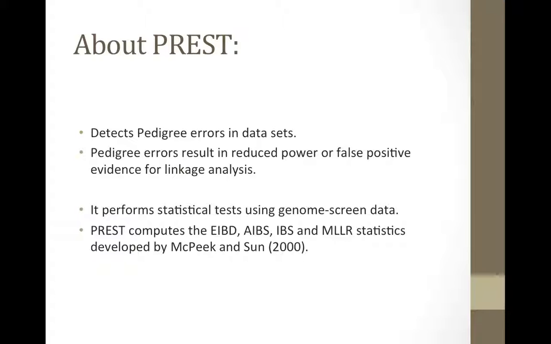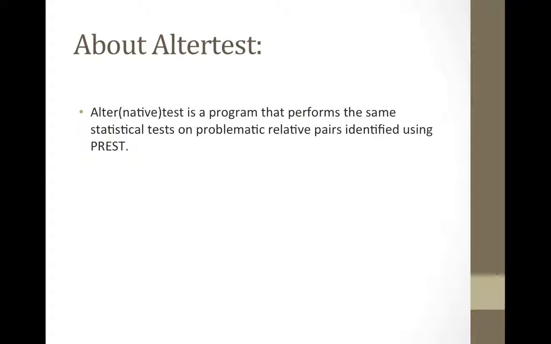Pedigree errors result in reduced power or false positive evidence for linkage analysis. It performs statistical tests using genome screen data. PREST computes the EIBD, AIBS, IBS, and MLR statistics developed by McPeek and Sun in 2000.